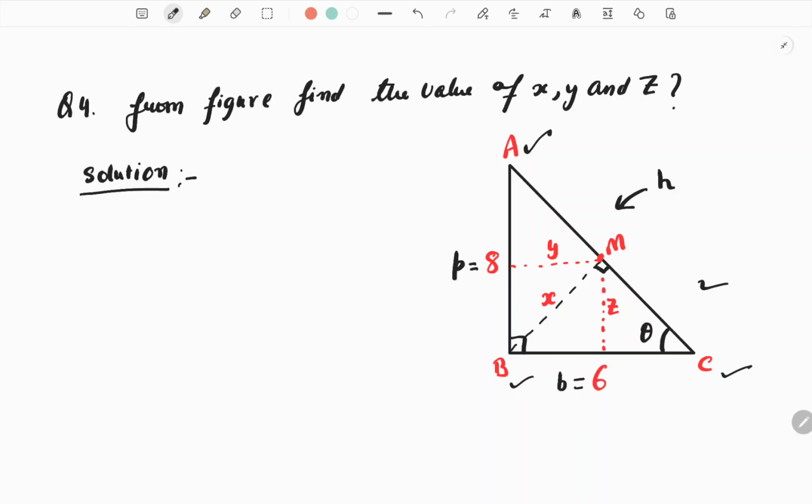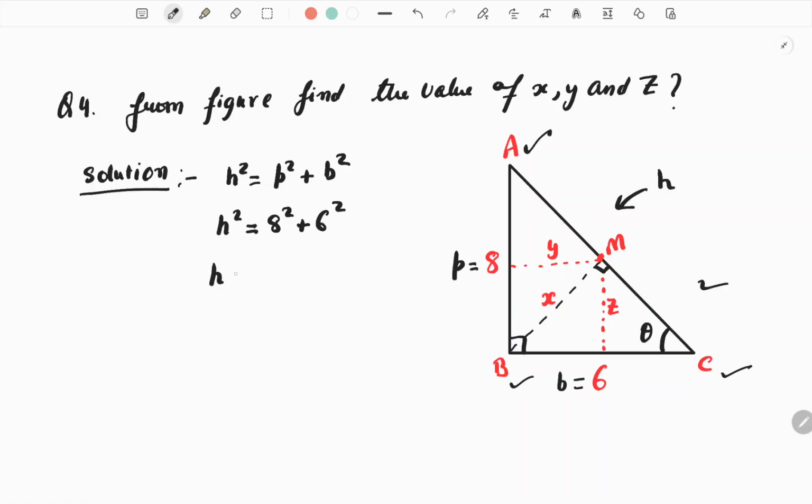So first of all, we'll find the value of X. So to get the value of H, we will use this formula. H square is equal P square plus B square. So here, H square is equal, instead of P, I'll put 8, so it becomes 8 square, plus instead of B, I'll put 6, so it becomes 6 square.